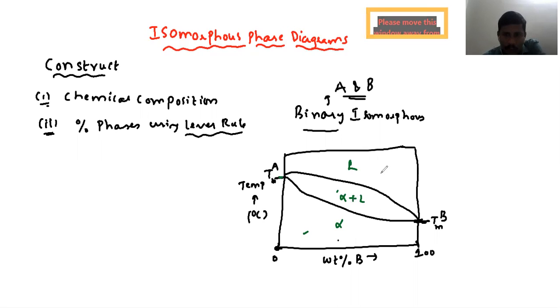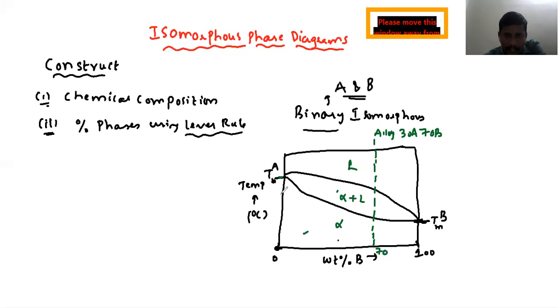Suppose I consider a particular alloy like this. Let us consider the alloy composition is 30A and 70B, 30 weight percentage of A and 70 weight percentage of B. The considered alloy point is 70.